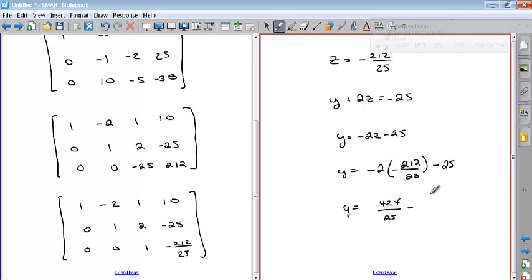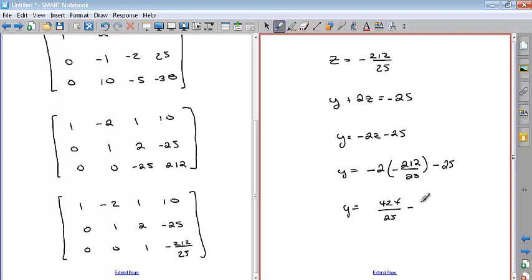Then I subtract 25, but that's 25 times 25, which I think is 625. Just finding my calculator. Okay, so 25 times 25 is 625.